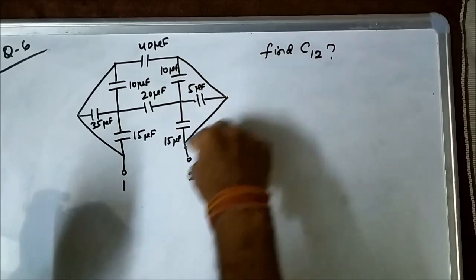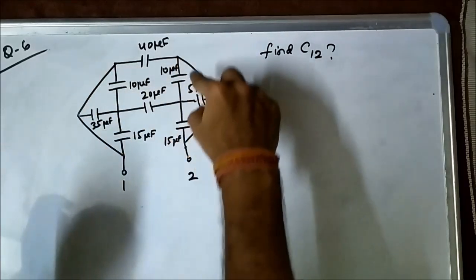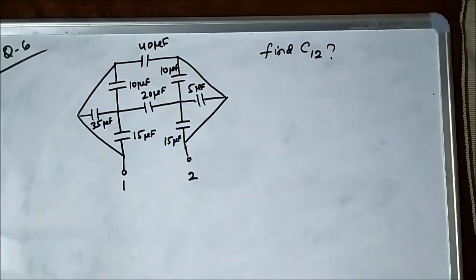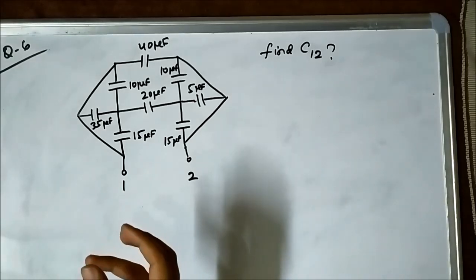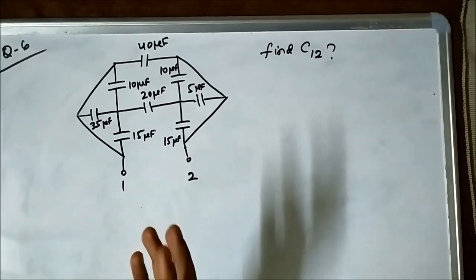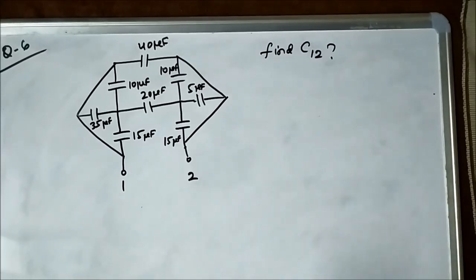These shorted terminals can create confusion as to where to start solving or reducing this circuit, because then it will be very difficult to identify the pattern. I discussed similar types of questions related to equivalent resistance and equivalent inductance, so we are going to use the same concept here.